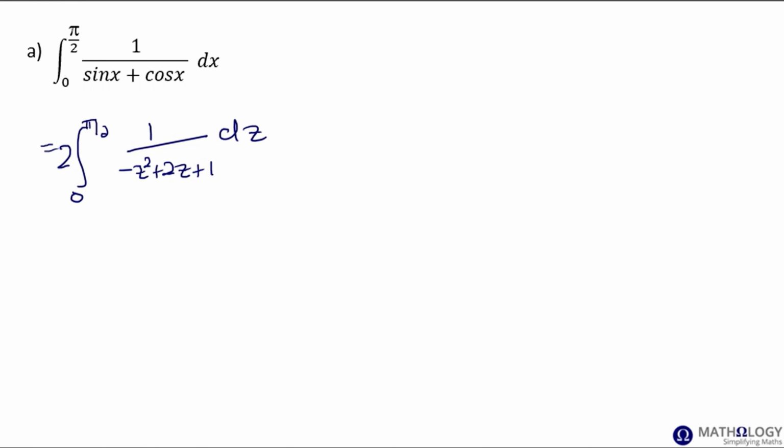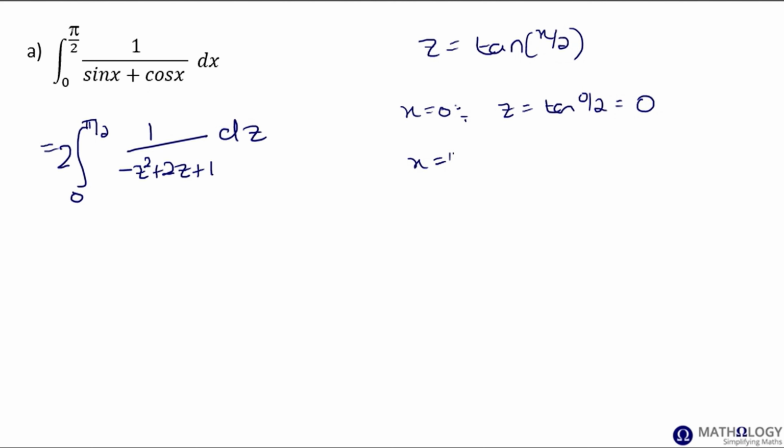Before we continue, we also need to change the limits of integration, right? At this point, the limits of integration are in terms of pi, which has got to do with your trig ratios. We don't have trig ratios here, we've just got z. So we are going to need to change those limits of integration. So recall that z equals tan x over 2. So when x equals 0, then z equals tan 0 over 2, which is tan 0, which is 0.